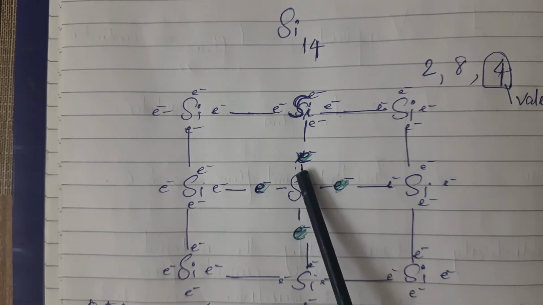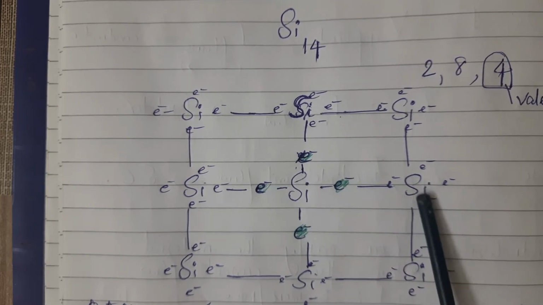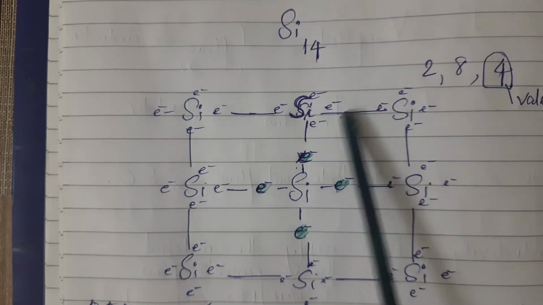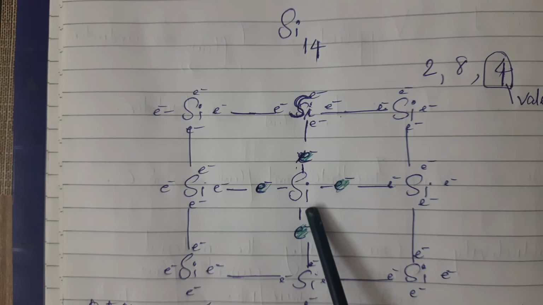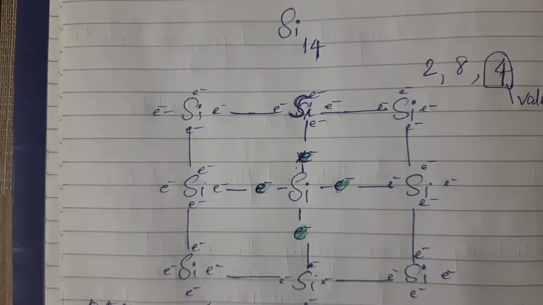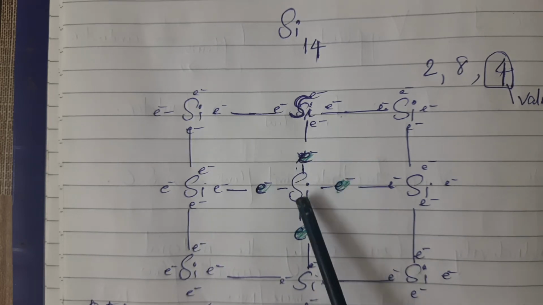Suppose this is the silicon atom, and this is the last shell with 4 valence electrons. It will be bonded with another silicon atom via covalent bonds. See, this is bonded with this via a covalent bond. That means they will be sharing the electrons, because the last orbit should also complete 8 electrons.